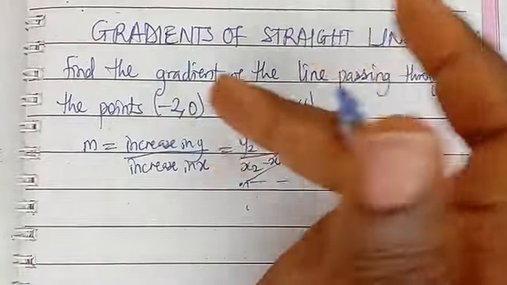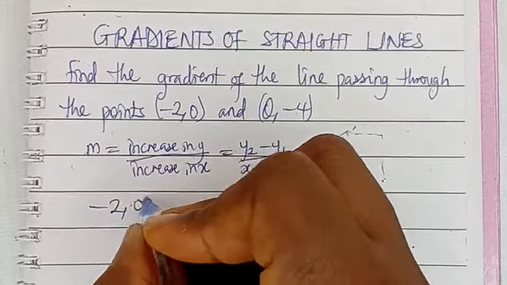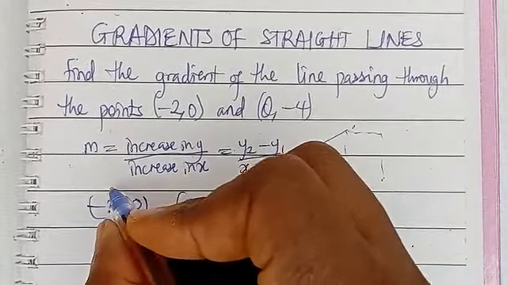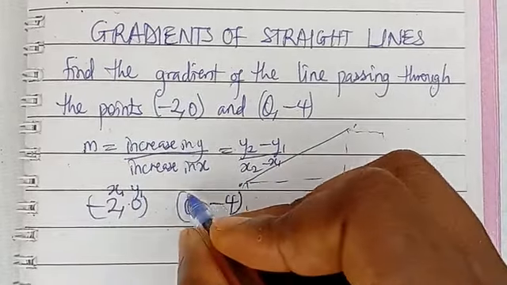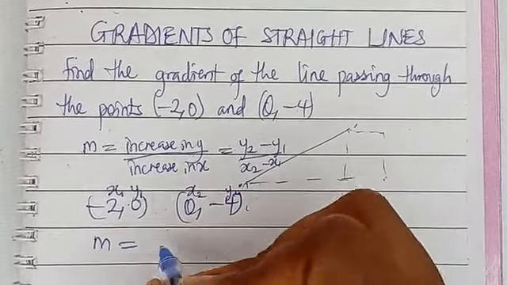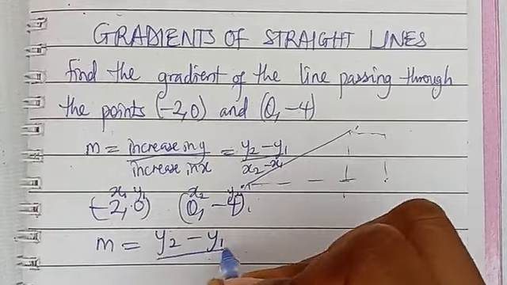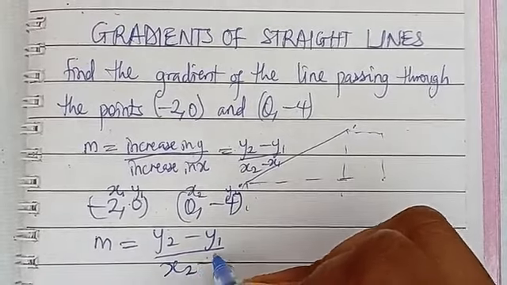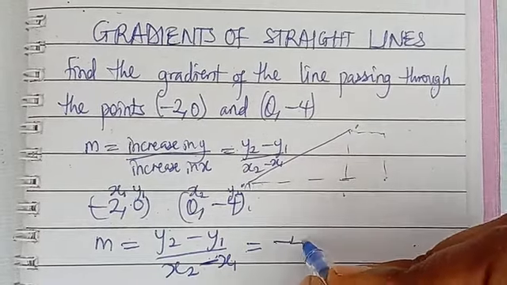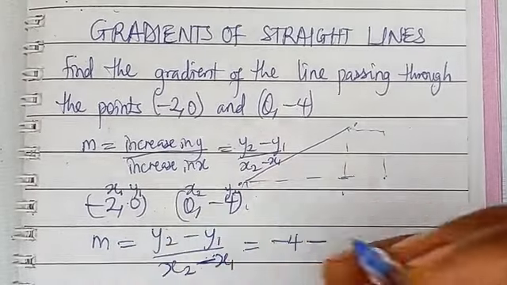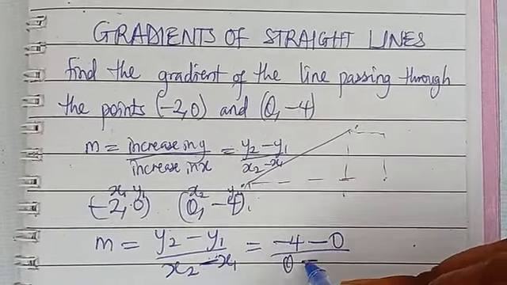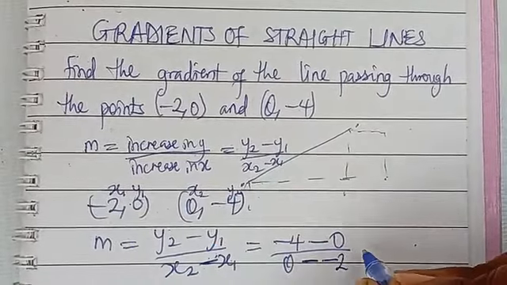We are going to write out the parameters we have from the question. We have (-2, 0) and we have (0, -4). So this is x1, y1, this is x2, y2. Remember that gradient is equal to y2 minus y1 over x2 minus x1. So this is equal to y2, which is -4, minus y1, which is 0, over x2, which is 0, minus x1, which is -2.